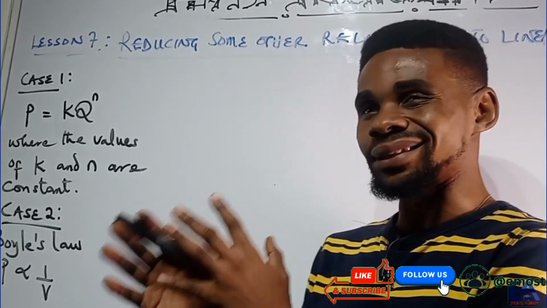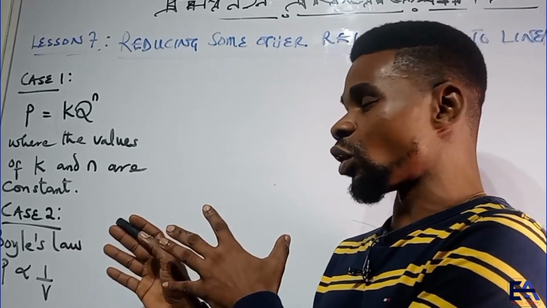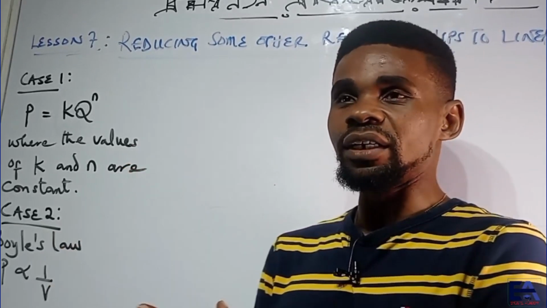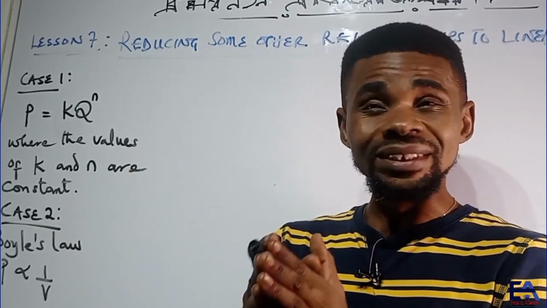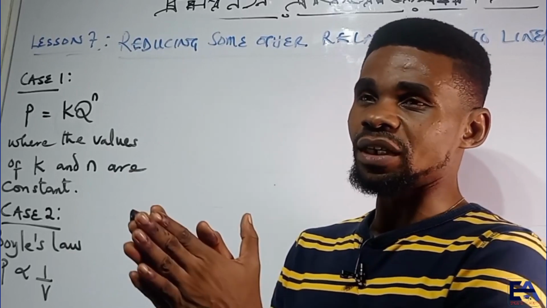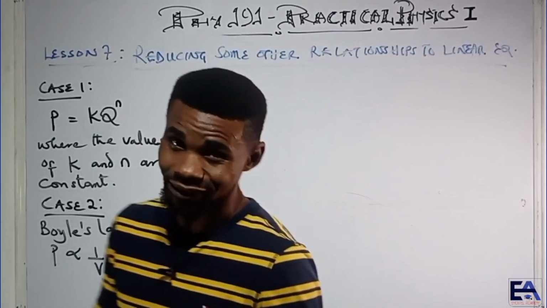Also, the steps we take in converting this one are a little bit different from the steps we've been taking in previous conversions. All right, so let's write. It's quite easy though.